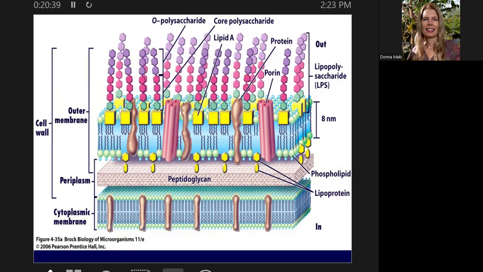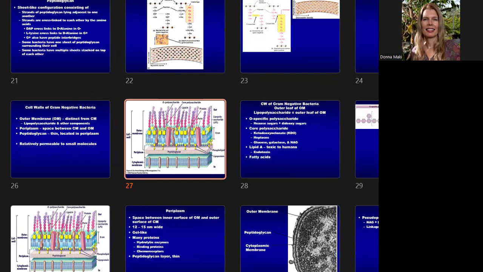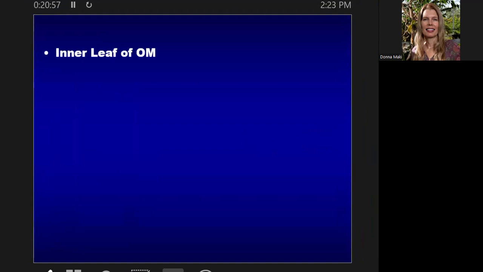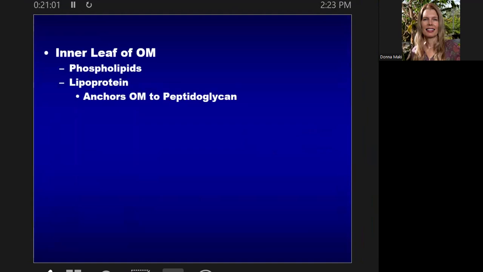Now we have to look at the second half of this outer membrane. If you just look along here, it's not as fancy. It looks more like a typical phospholipid bilayer. That inner portion of the outer membrane is not so fancy. It has phospholipids, and it has some lipoprotein that helps to anchor that outer membrane to the peptidoglycan so it stays stable and intact to the cell.